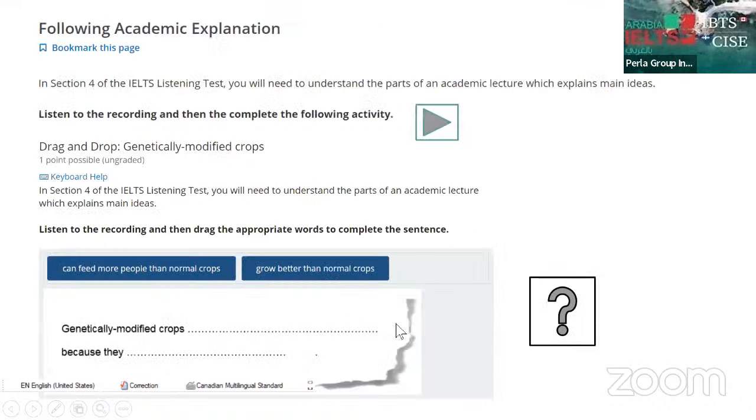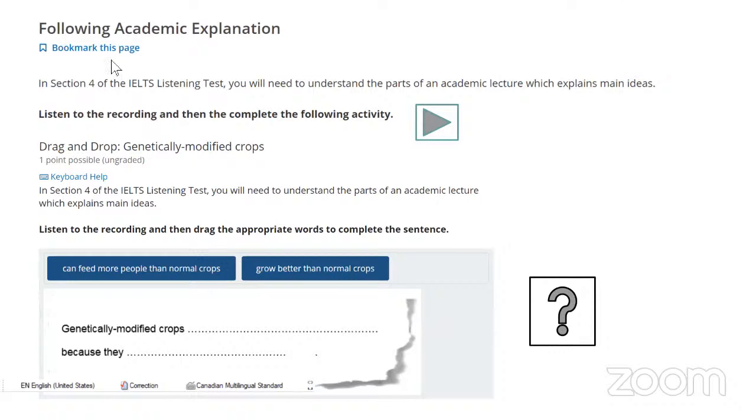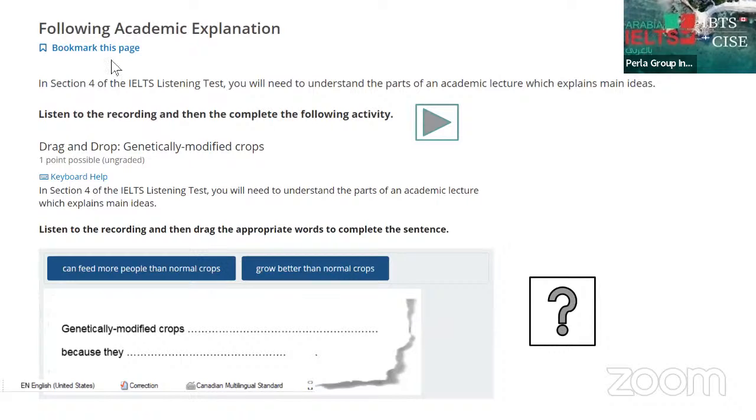Now, the next one is the academic explanation. This is specifically in section 4. In section 4, there is, as we said, a lecturer, a professor, whatever.